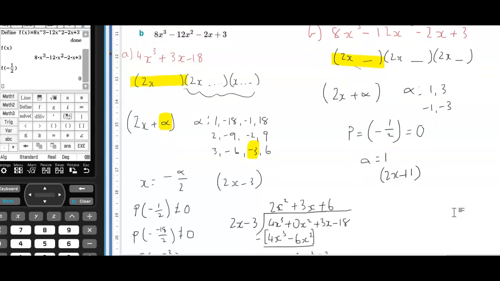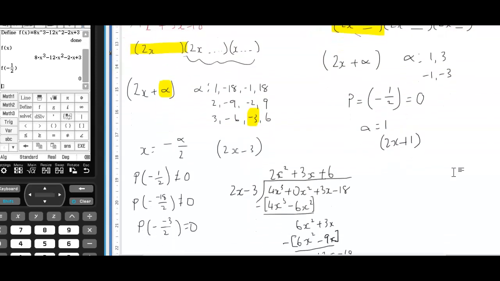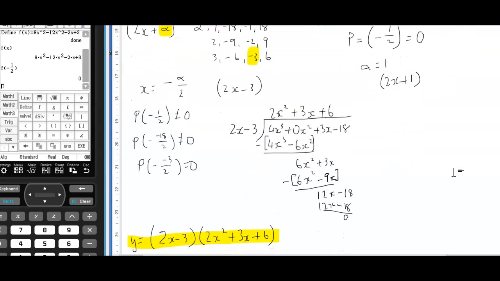All right, so looking at our other two factors, what we need to do is the long division like we did before. So I'm just going to put a line here. All right, so we've got 2x plus 1, and that's going into 8x cubed minus 12x squared minus 2x plus 3.